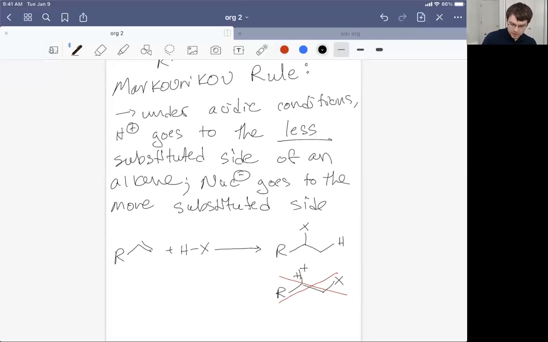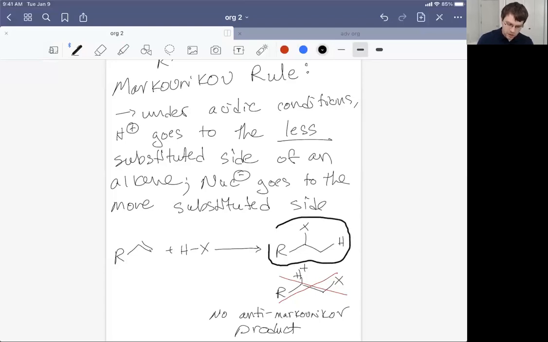What we say is that is the anti-Markovnikov product. Markovnikov is a person, so I should capitalize this. The anti-Markovnikov product violates the Markovnikov rule, and we say that it's not formed under these conditions. There are conditions that we'll look at in the next module where you can enforce the formation of the anti-Markovnikov product.